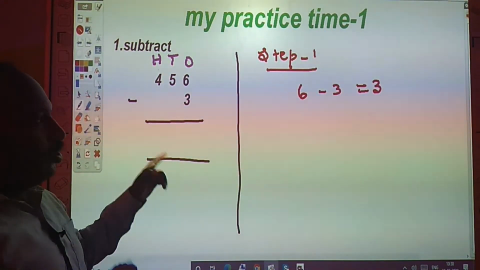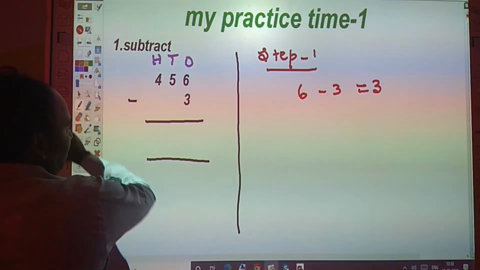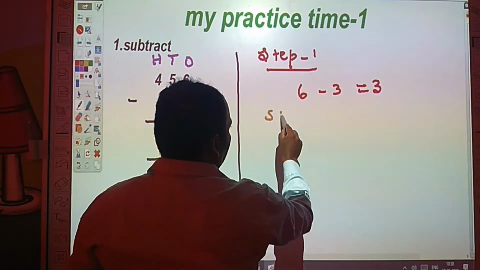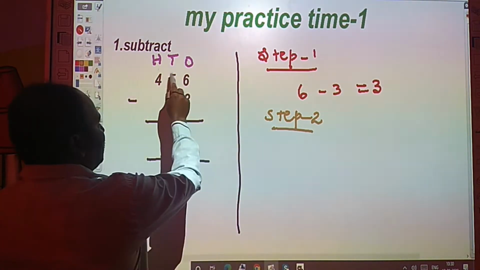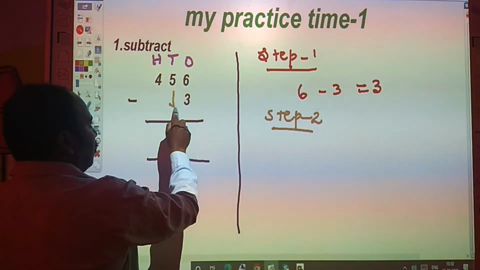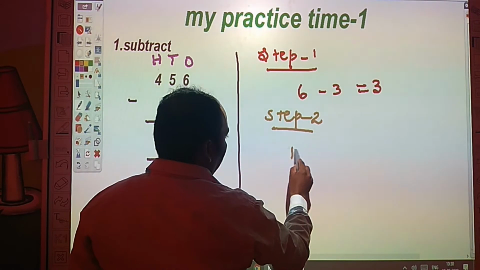The next one, we go to the tens place. Step 2. The tens place is 5 only having, so bring down the number 5.